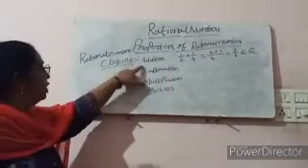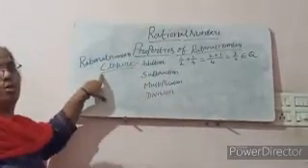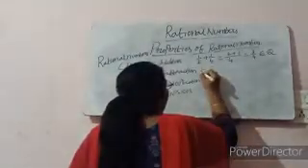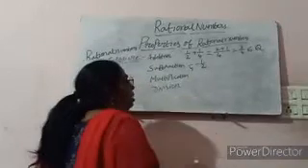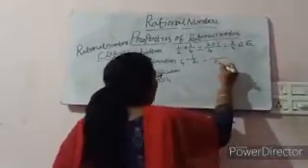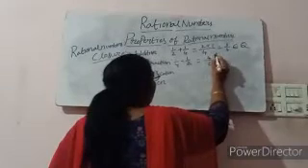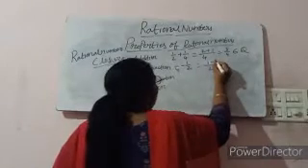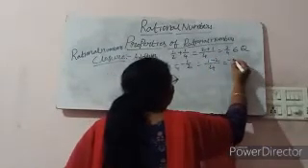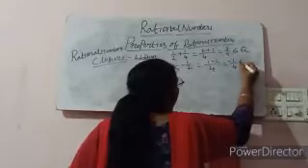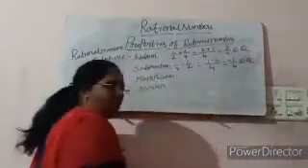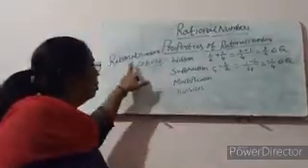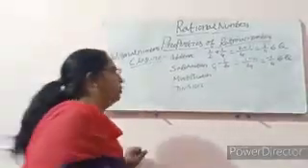So addition of rational numbers is closed. Now subtraction, 1 by 4 minus 1 by 2. The LCM is 4, so 1 minus 2 gives minus 1 by 4, which is also a rational number. So subtraction also holds good.